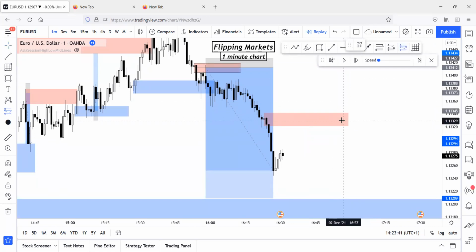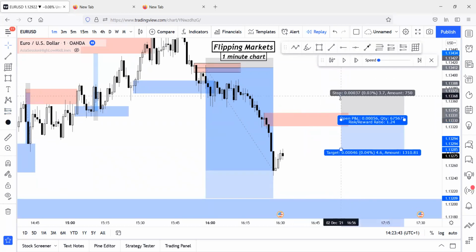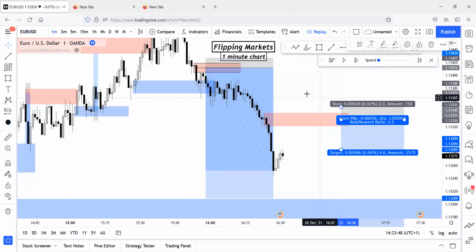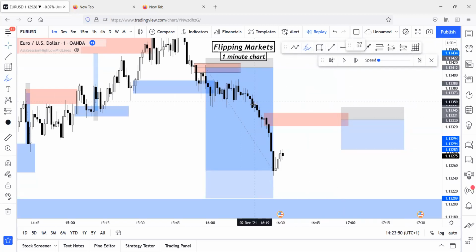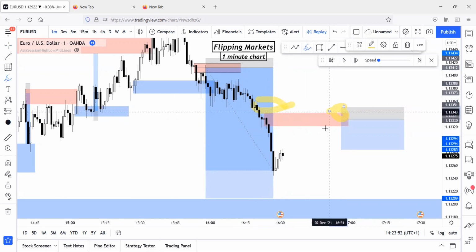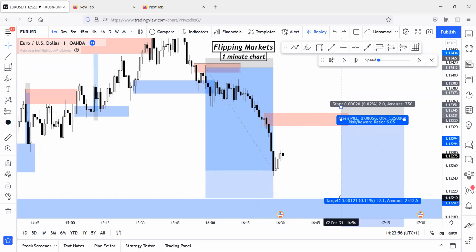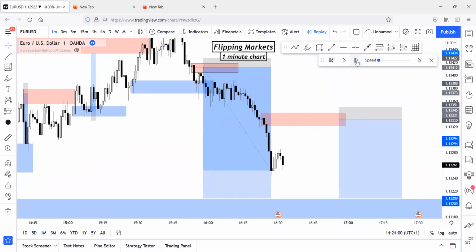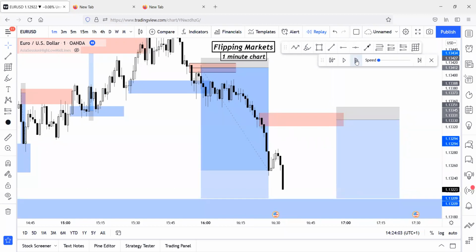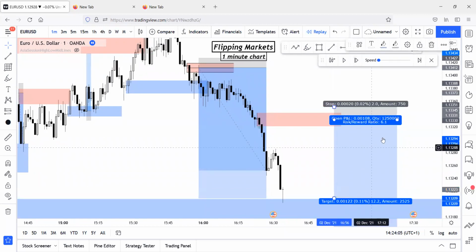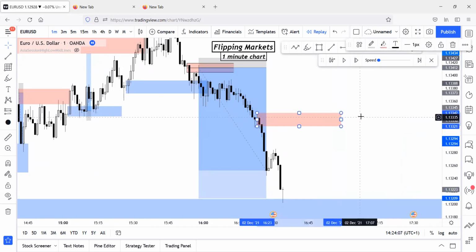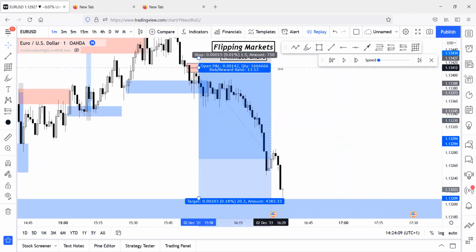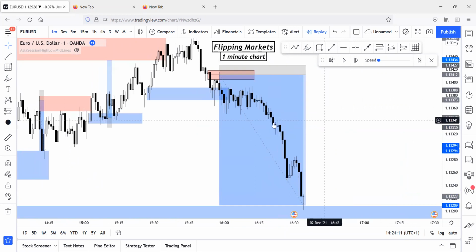So I will just set my limit here with a 2-point stop loss because we actually have this upper zone right here and the stop loss will cover it. So this will be 1 to 6. Let's see if it comes back up. No, it actually broke structure and it actually hit TP. So yeah, one more trade hit for 1 to 13 risk reward.